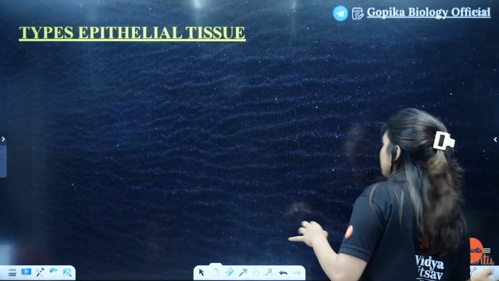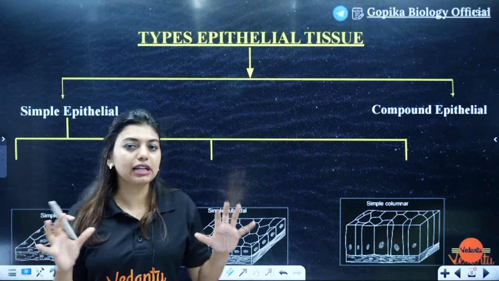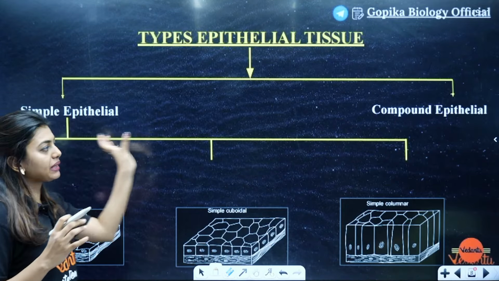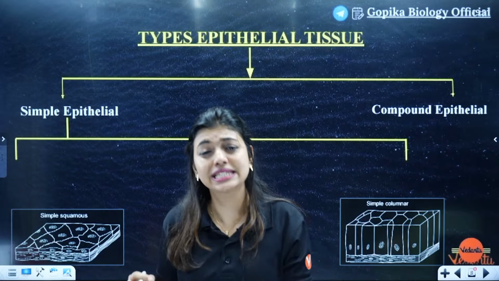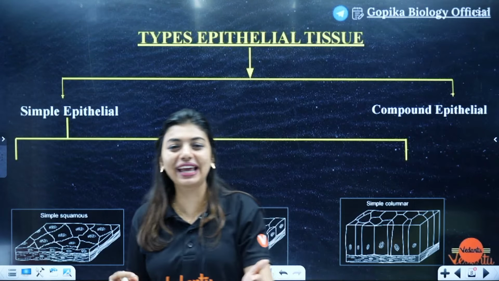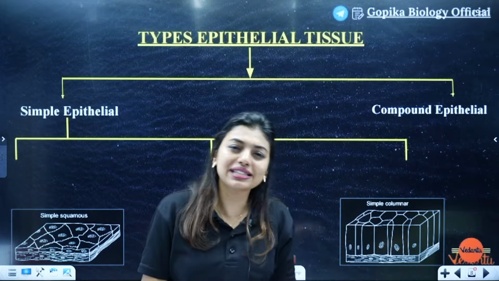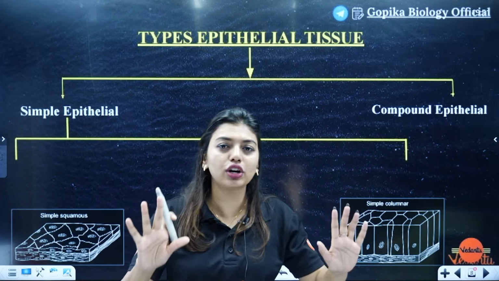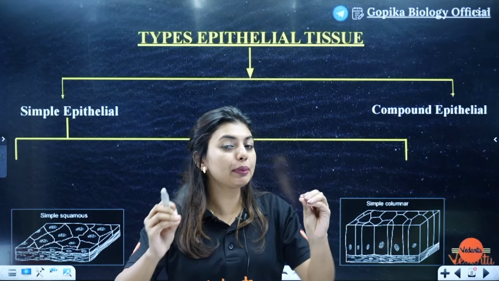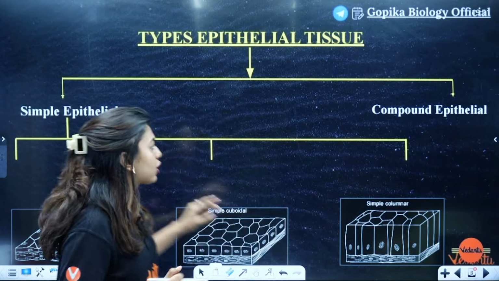Now look here, students. Types of epithelium means simple epithelium and compound epithelium. Simple people are who? Single people like you. You are very simple. You wake up in the morning, you do not update anyone. You sleep at night, you do not update anyone, right? So simple people are single people. Remember this trick all the time.